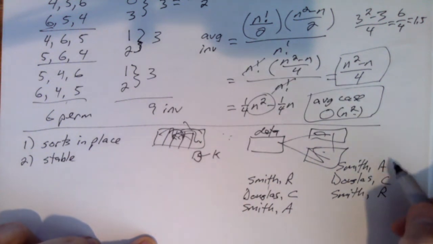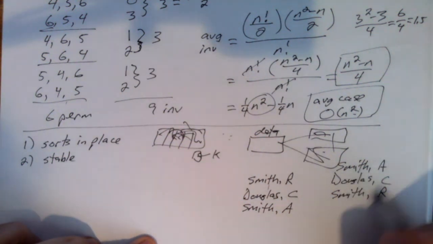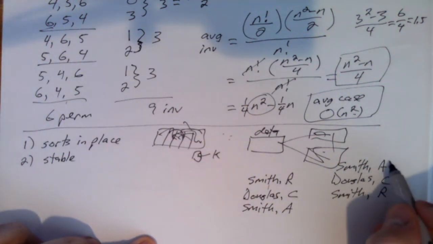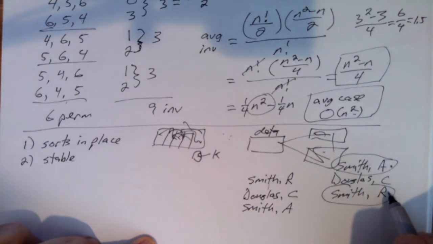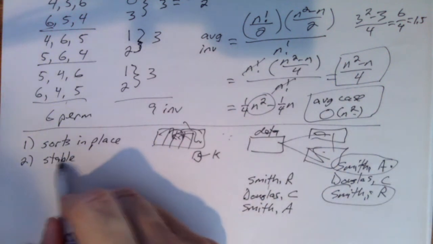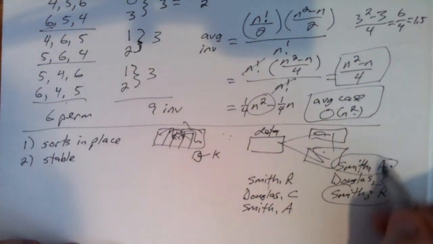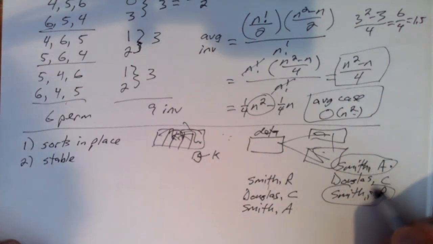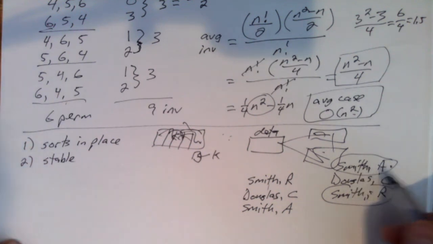And now that you've sorted by first name, you now sort this by last name, and because you already had that Smith Alex was before Smith Ralph, since they're tied on last name, it would not change the order. An unstable algorithm might mess up the order here. Depends on how it works and what data you have and so forth. But this is guaranteed to not undo that if there's a tie here. Okay?